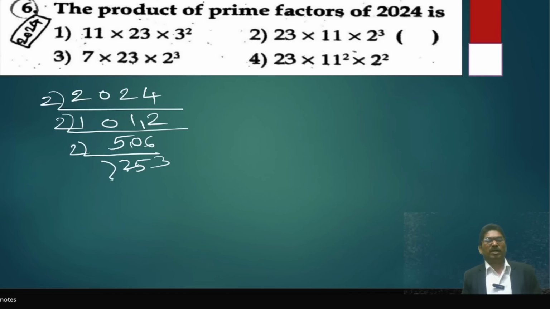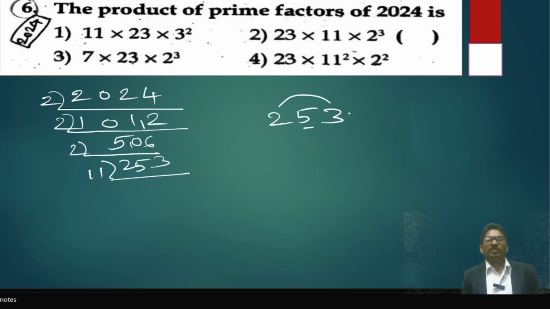Next 3 table, not divisible. 3, 4, 5, 6, 7 not divisible. 11: how can we identify it is divisible by 11? Difference of sums of alternate digits.